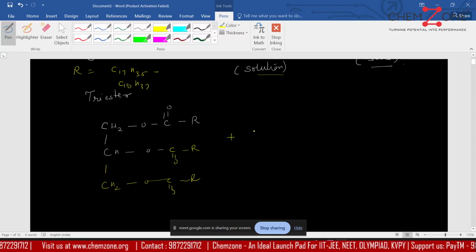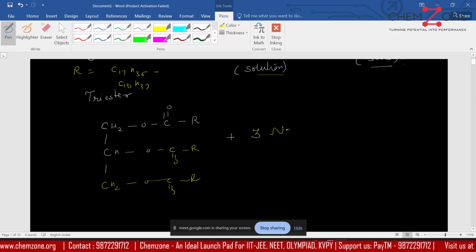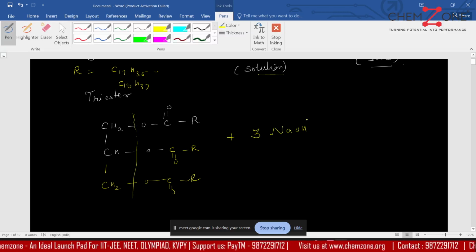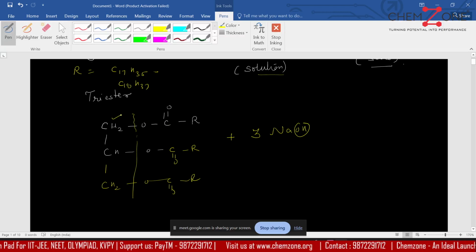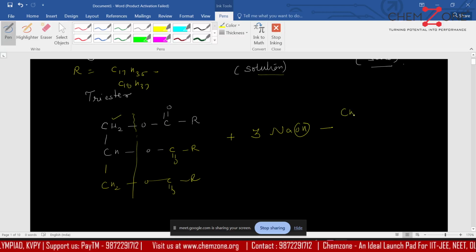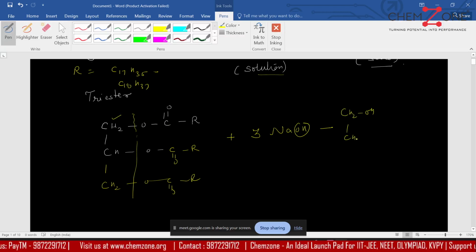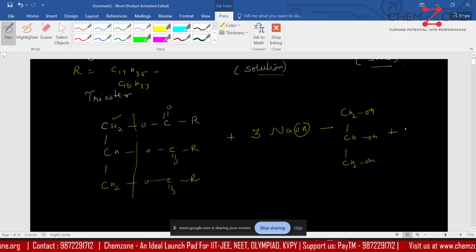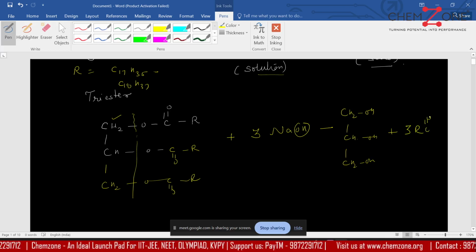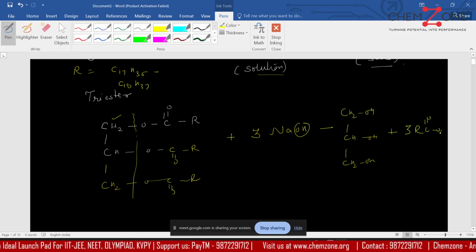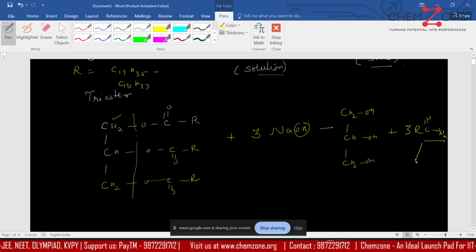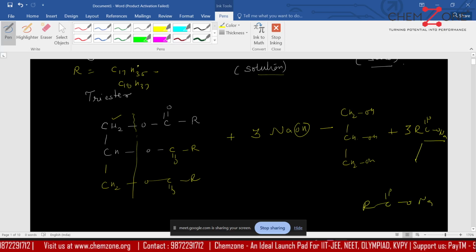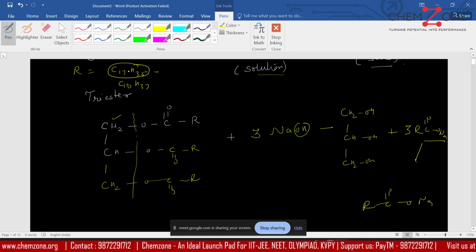When it is treated with sodium hydroxide, the cleavage takes place from here. OH goes with the CH2OH, and it gives rise to glycerol, and three molecules of RCOONa, where R is a long chain carbon atom, that is C17H35.